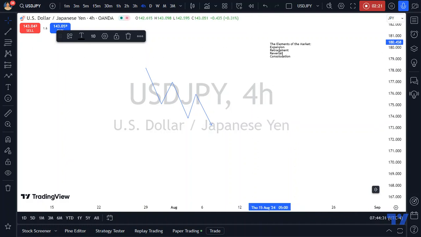So these are the elements of the market. The market moves in four ways. We are either expanding, retracing, reversing, or we are consolidating.